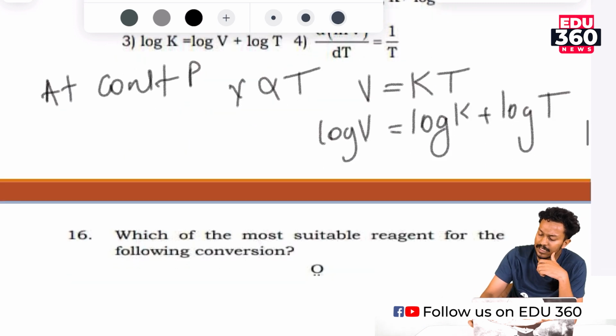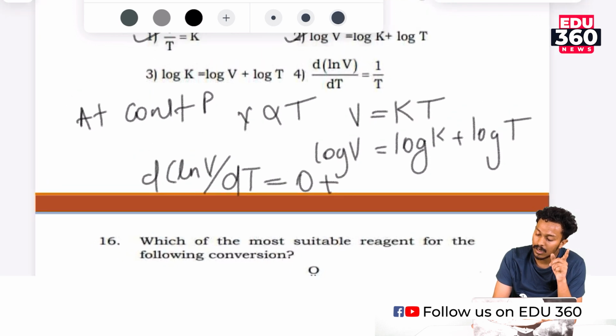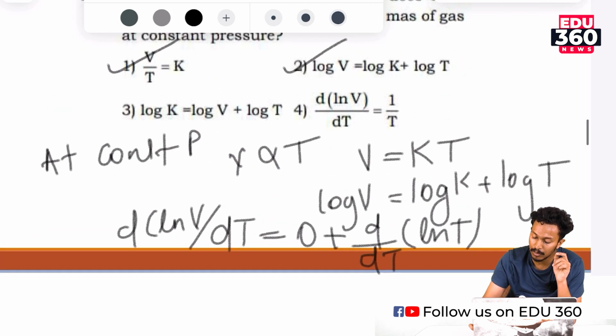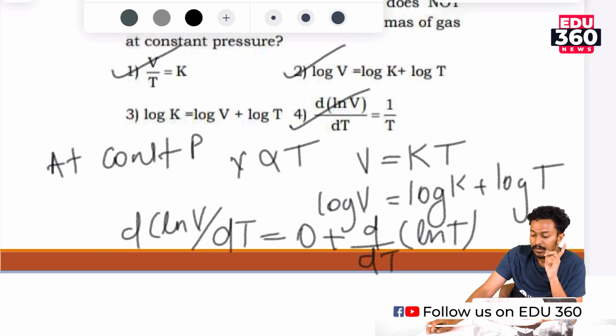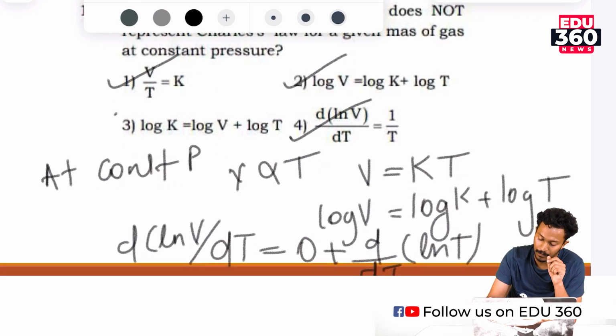On differentiating with respect to time, we get d ln V by dt, derivative of a constant is 0, plus d by dt of ln T, which is 1 by T. So the option would be d ln V by dt is equal to 1 by T. Option 4 is also correct. The option that does not give Charles' law is option 3, which is log K is equal to log V plus T, which is wrong. So option 3 is the correct option.